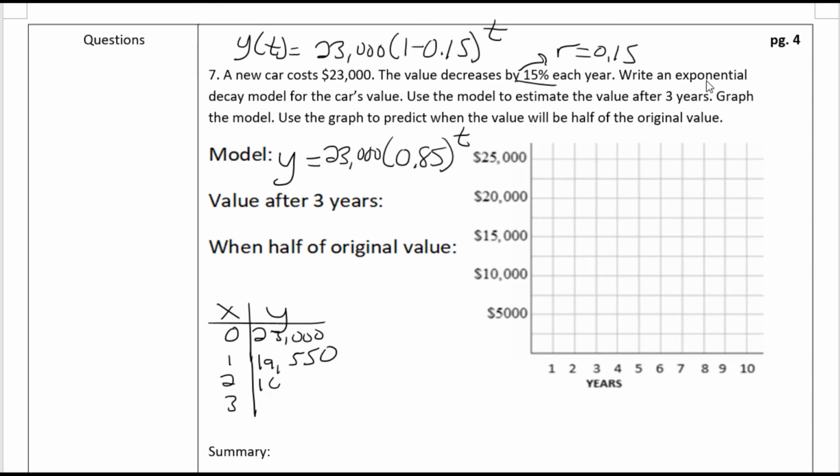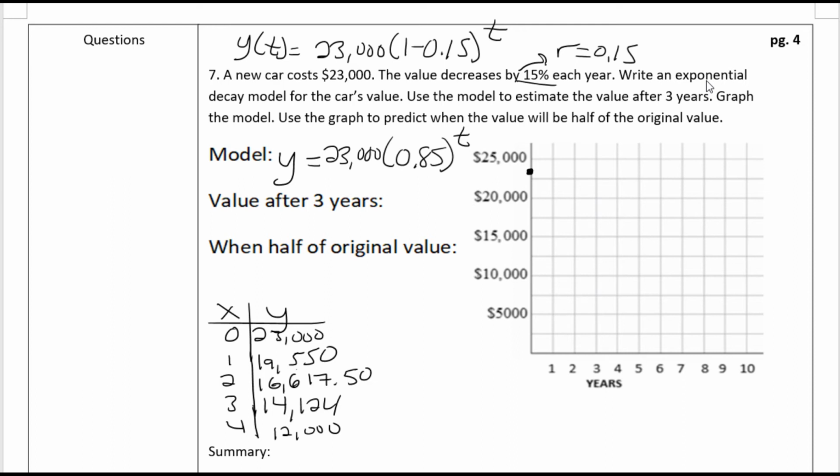After 2 years, it decreases to $16,617.50. Then 14,000. Then about 12,000, and so on. So I'm going to go ahead and plot that. So 0, 23,000 is around here.